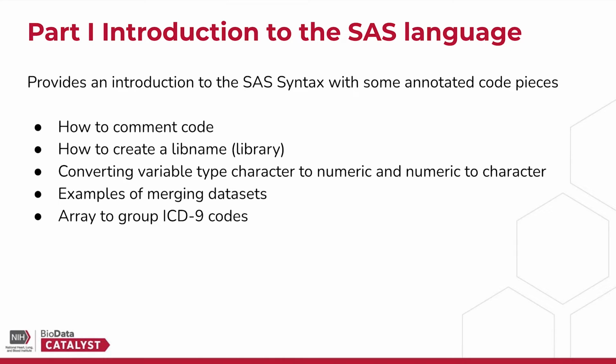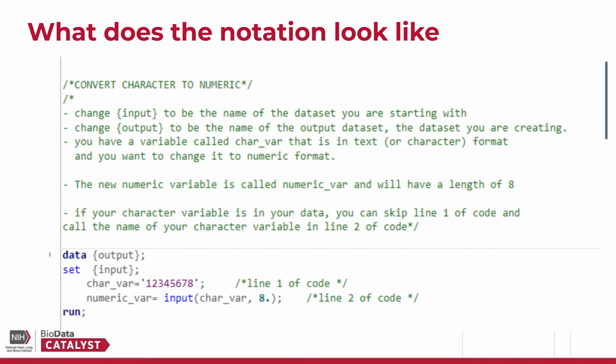Maybe you don't need to convert character to numeric, but maybe you need to do something similar, and you can use this as a template to help you understand the SAS code and to feel more comfortable altering it and even reading about it, right? Because especially if you're not familiar with SAS, it can be kind of daunting to get started.